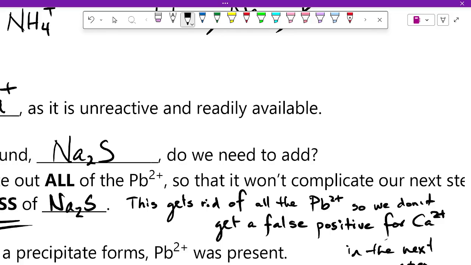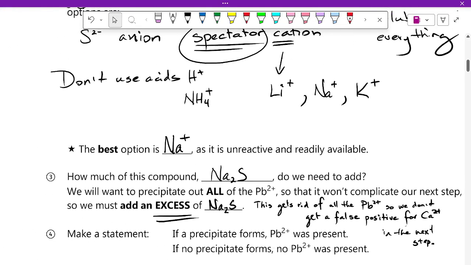And what this is going to look like is we got our 3 beakers up at the top, yes?